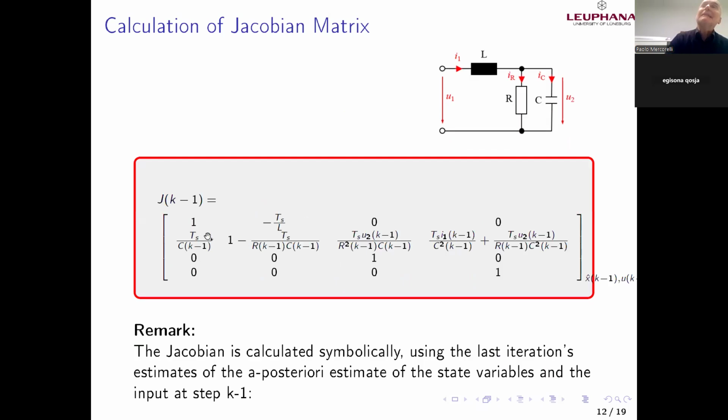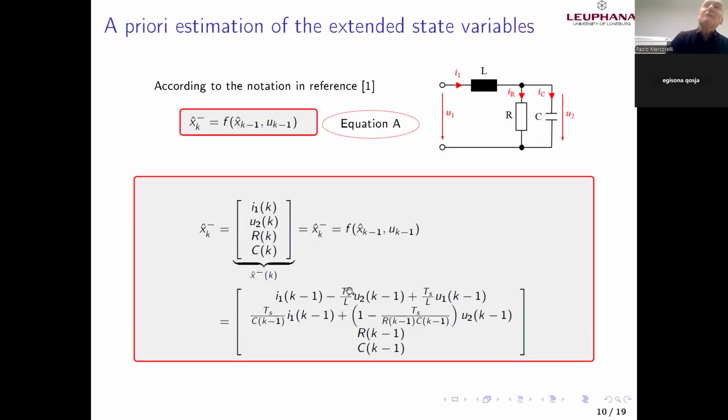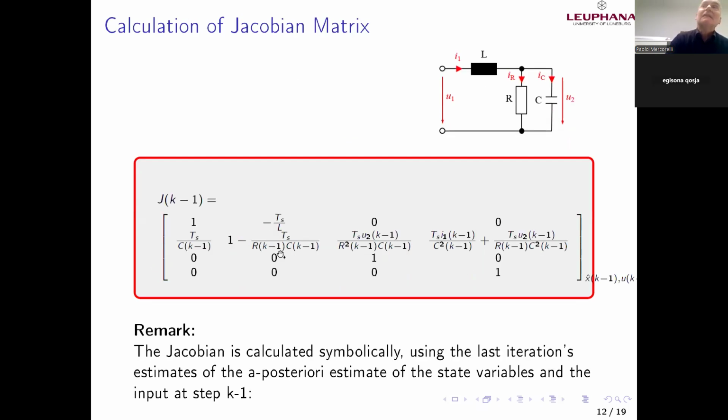We can see that 1, minus TS, 0, 0 can be very easily justified, because if I do the derivative of this expression with respect to I1, I have 1. If I do the derivative of this expression with respect to U2, I have TS divided by L, minus TS divided by L. Believe me, as we did for the motor, we can do it also here.